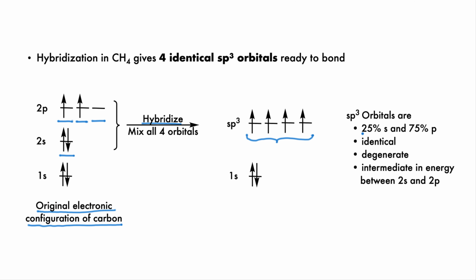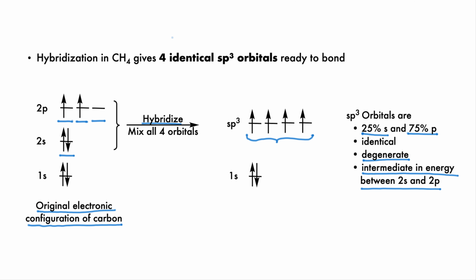Each orbital is identical and has 25% s and 75% p character. The sp3 orbitals are all of equal energy, that is, they are degenerate. Notice their energy is intermediate between the 2s and the 2p orbitals they came from.